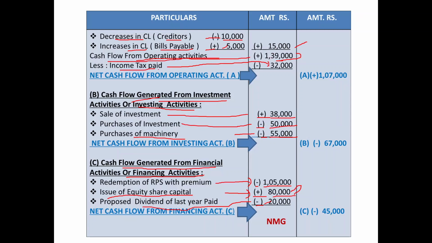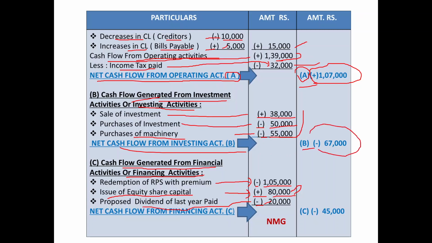Less income tax paid, as we already saw earlier, minus 32,000. That gives the final answer, net cash flow from operating activities A plus 1,07,000. We have to use this again later, so A. Total of B, net cash flow from investing activities B minus 67,000.